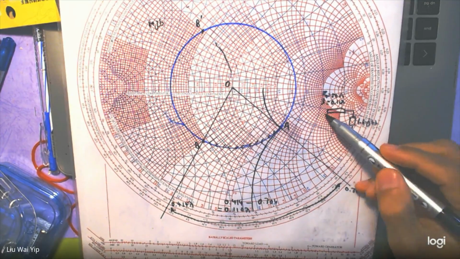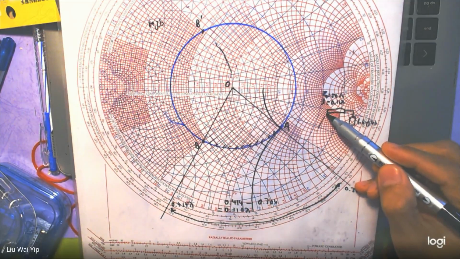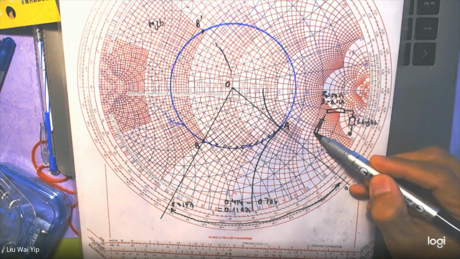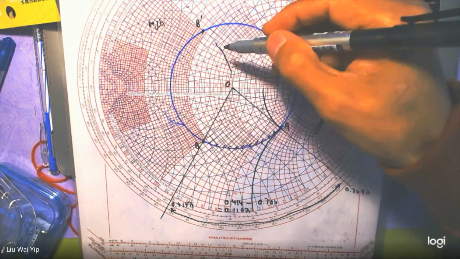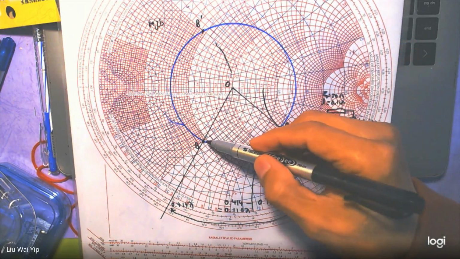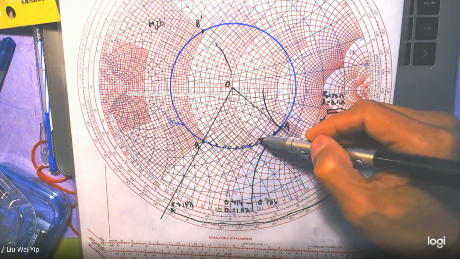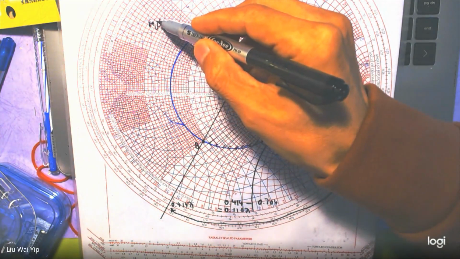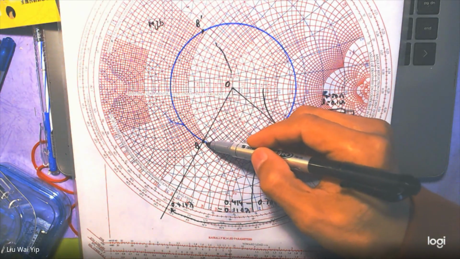So this is the first part of the answer to the question. The second part is to determine the length of the open circuit stub. The length can be calculated according to the track here. When you drag along the constant SWR circle, you meet the intersection point where the 1 plus jB circle and the constant SWR circle meet.